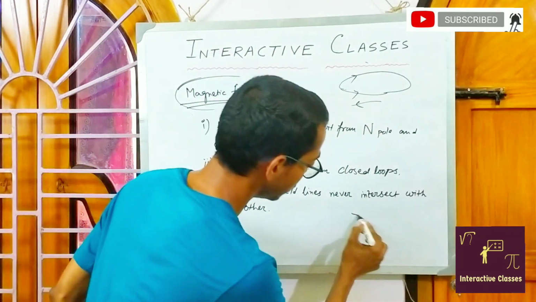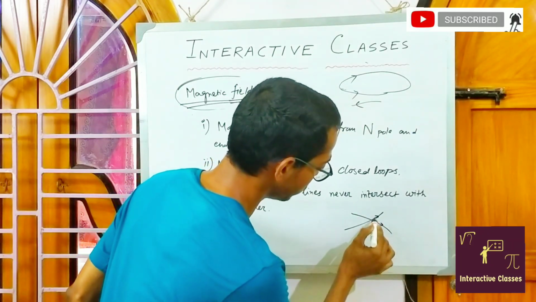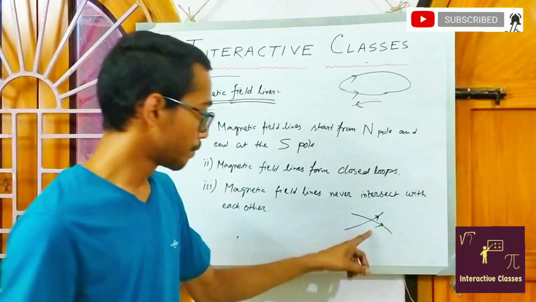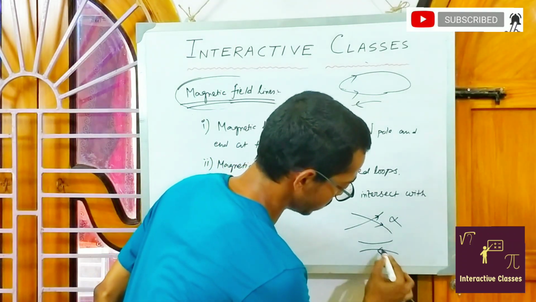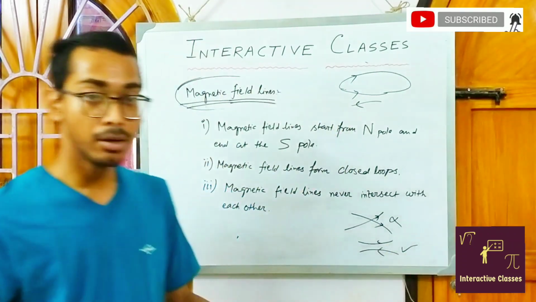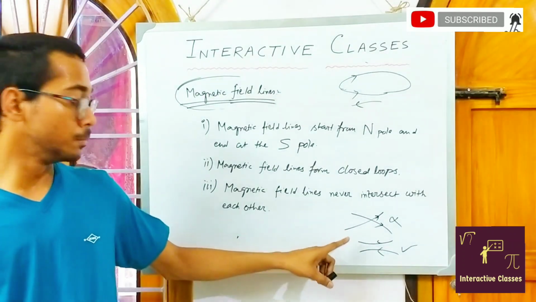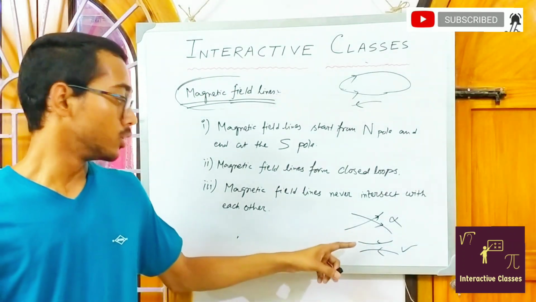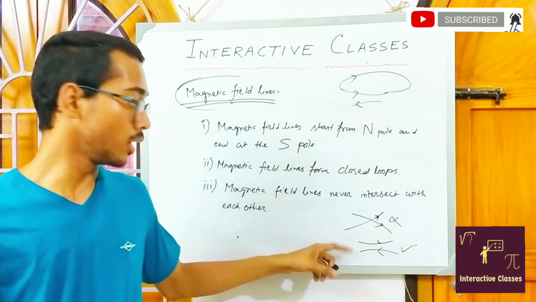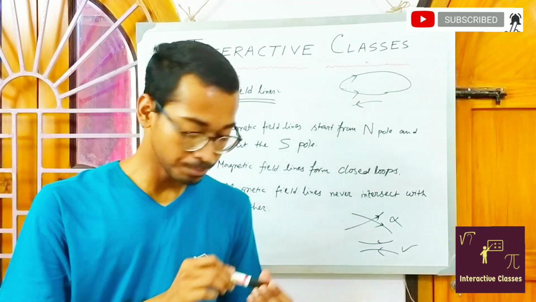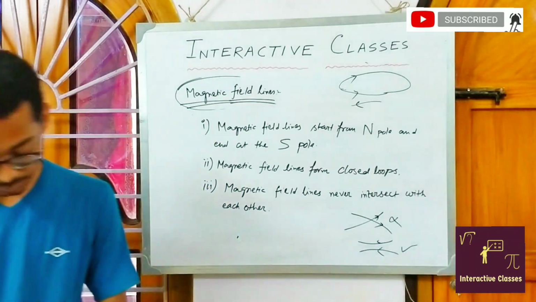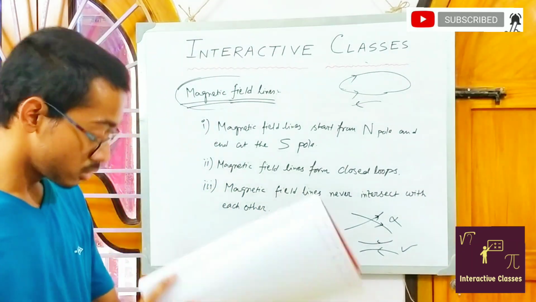That means we will never find two magnetic field lines moving like this. We will always find magnetic field lines like this. Keep in mind, this is only a representation. We cannot see lines like this around a magnet. This is just for our understanding purpose.